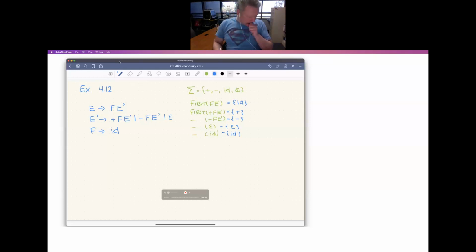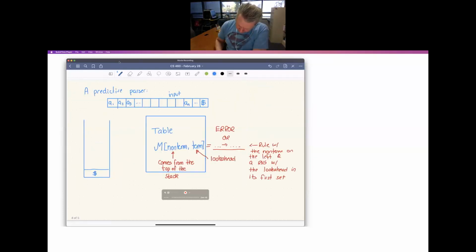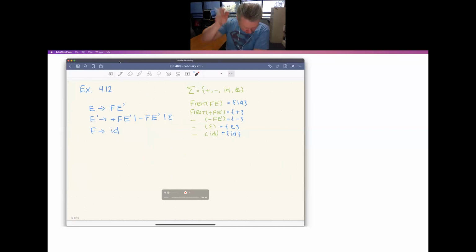Right, there we go. Now we need a table that has all the non-terminals going down and the terminals going across. So we need to draw a nice little table here with 1, 2, 3, 4, 5.